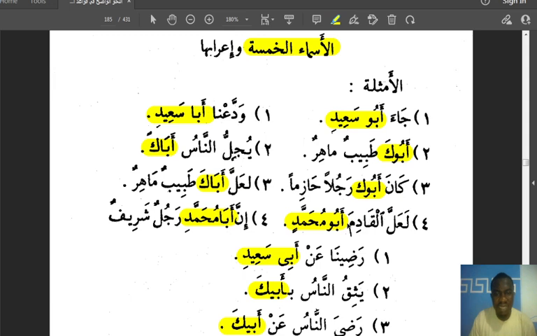We have la'alla al-qadima Abu Muhammadin. La'alla, if you remember very well, is part of the akhwat inna. Inna wa akhwatuha: we have inna, anna, ka'anna, lakinna, layta, la'alla. La'alla is part of them. And what inna wa akhwatuha do is tansibul mubtada wa tarfa'ul khabar.